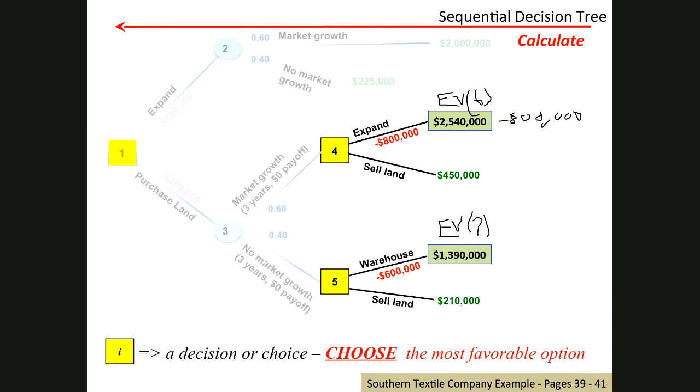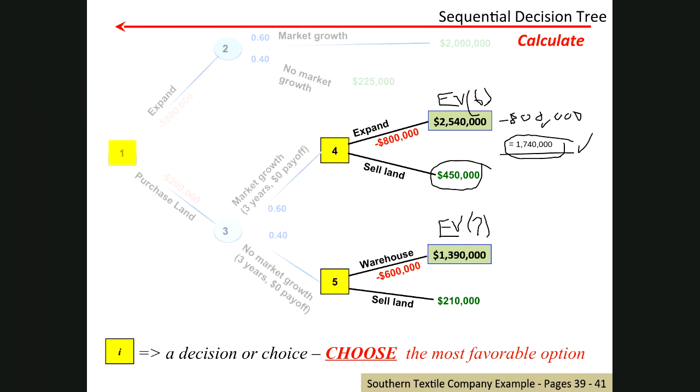And of course, that's going to be equal to, in this case, the expected value. This is going to be equal to 1.74 million, 1,740,000. And so when we make our choice here at location 4, we are actually choosing between 1.74 million and 450,000. And of course, in this case, we'll definitely choose the 1.74 million.